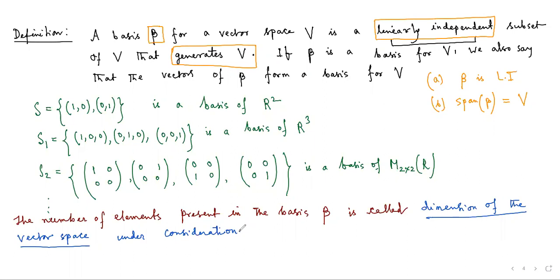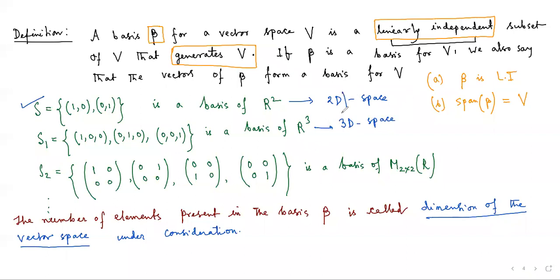We always think of physics about these dimensions, but dimension is a mathematical term whose definition has been established here. Since S2 spans R2 and it is linearly independent and a basis of R2, we call R2 a 2-dimensional space, a 2D space. Since S1 is the basis of R3, we call it a 3-dimensional space.